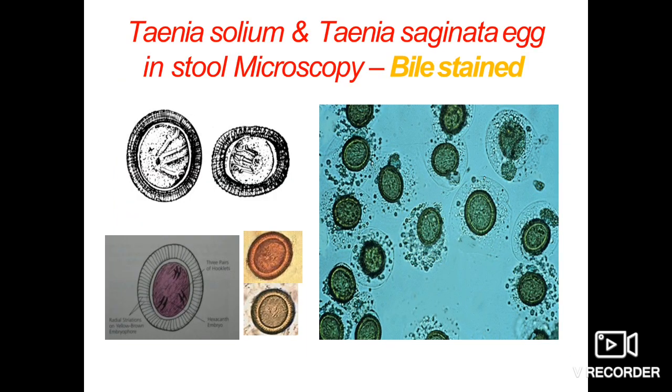Here you can see the shape, size, and diagram of eggs present in stool microscopy, and in the second diagram, the green diagram, that is bile stained. They are helpful for diagnosis of this parasite.